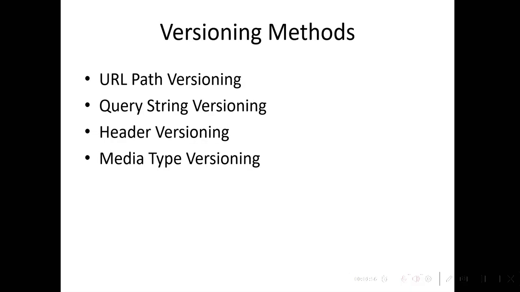Next is the versioning model. But before that, when should you decide that you need to version your API?